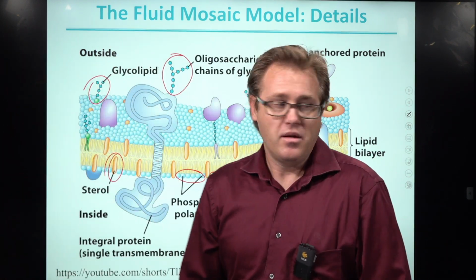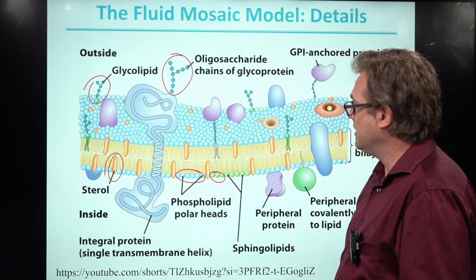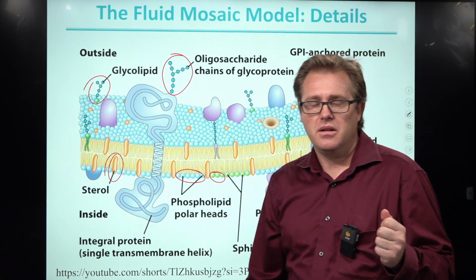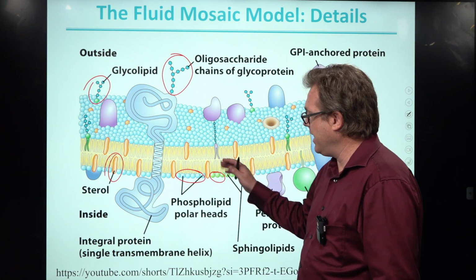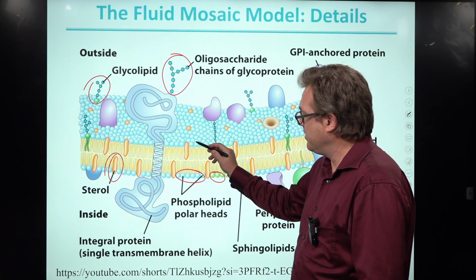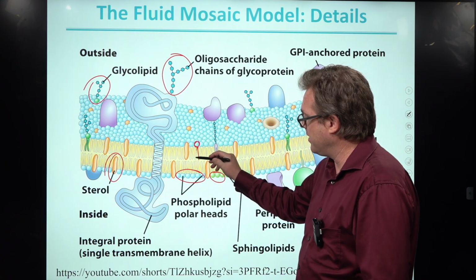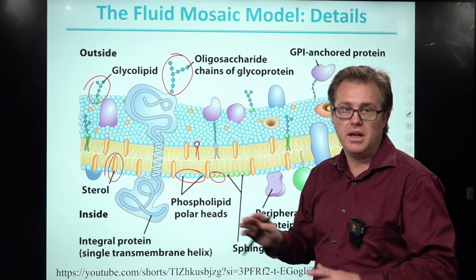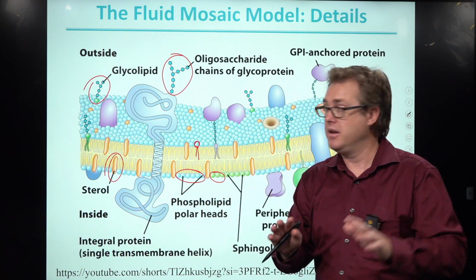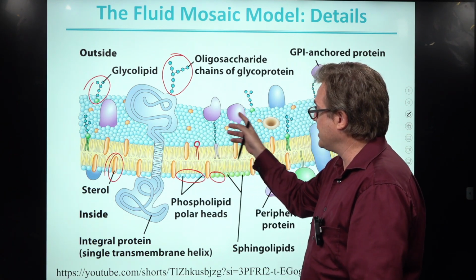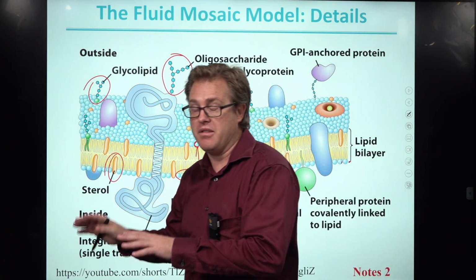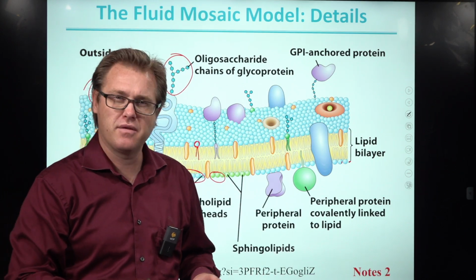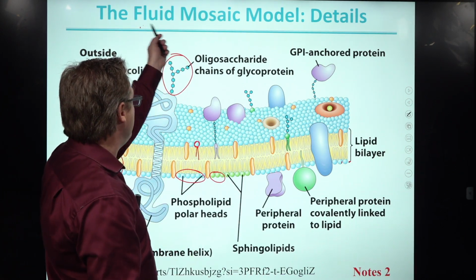But this fluid mosaic model is demonstrating that this membrane, this lipid, let's just look at this particular lipid right here. That lipid isn't frozen in space. It's moving. These things are moving throughout the membrane. Okay, it's fluid. That's fluid-like.